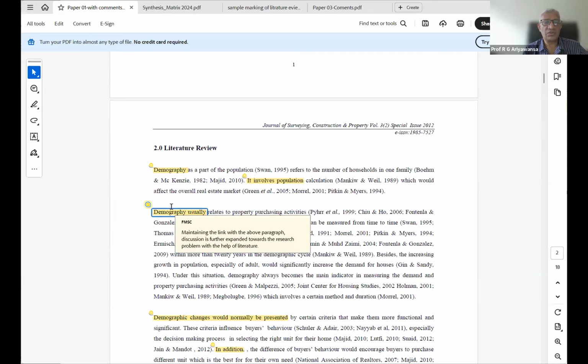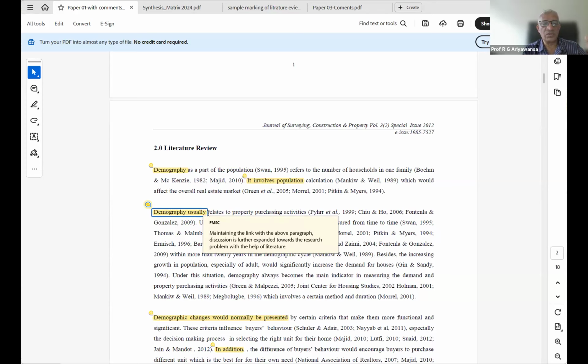So demography usually, again, maintain the link. Now they want to link to the first paragraph. They have to keep an ongoing link, the flow, right? Otherwise, the first idea will be isolated, and that is not what we expect. We have to maintain the proper link, the step-by-step development of the statement, right?